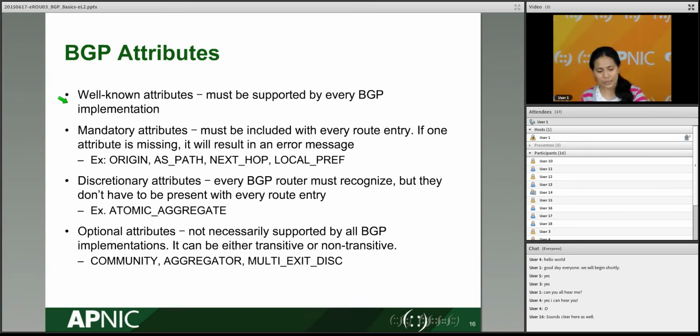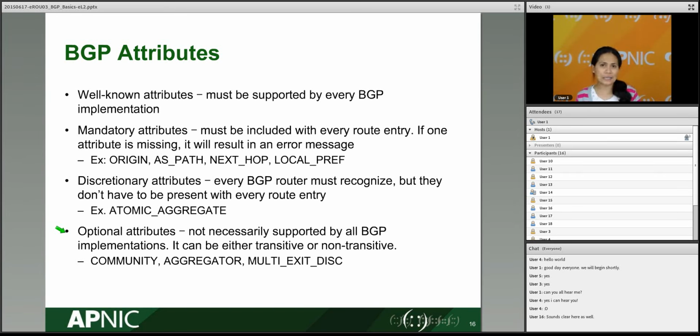Another one is the optional attribute. Optional attributes are not necessarily supported by all BGP implementations, so that's why it's optional. There are two types here. They're either transitive or intransitive, sometimes called non-transitive. It's indicated by a special attribute flag somewhere in the entry.